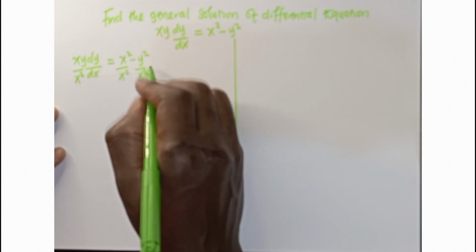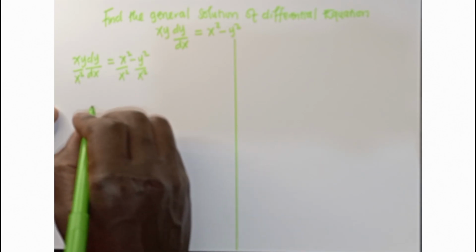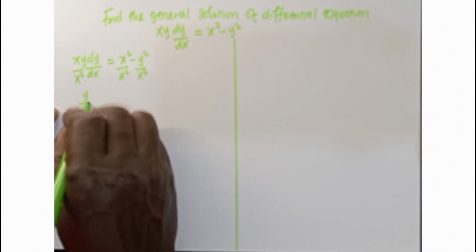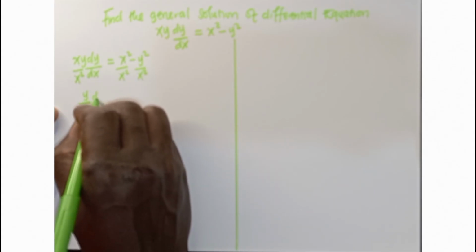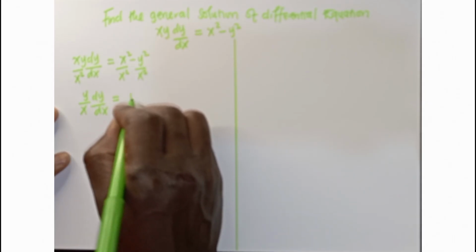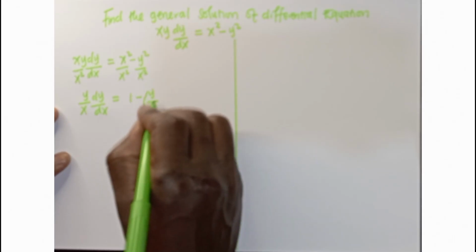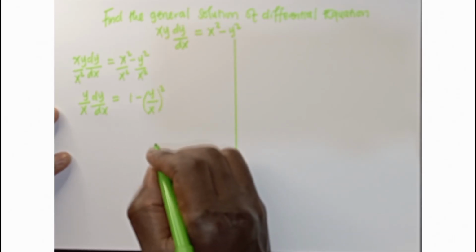So when we divide through with x, we end up having y out of x dy dx is equal to 1 minus y out of x, everything squared.